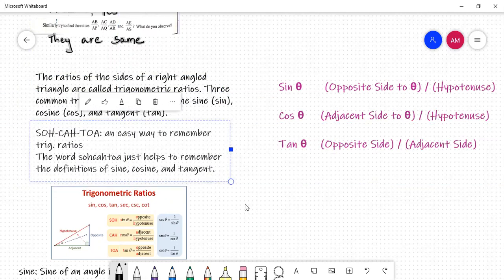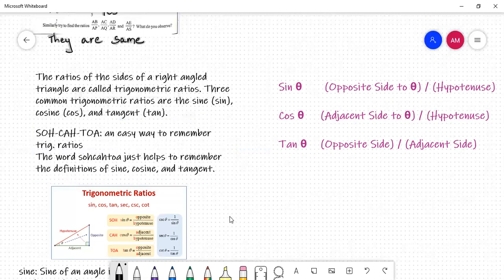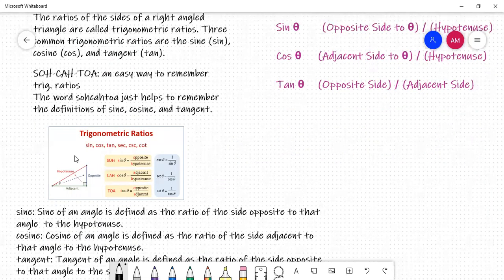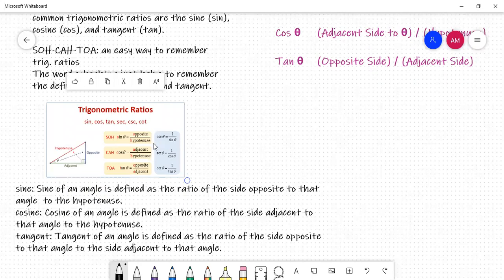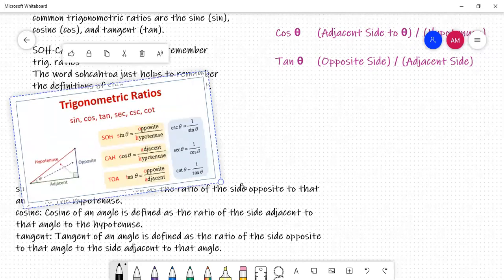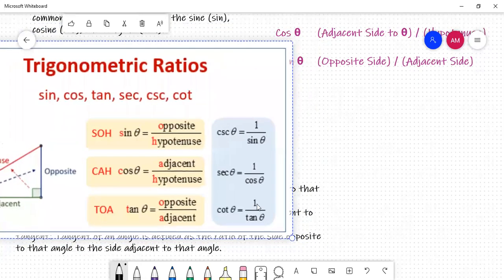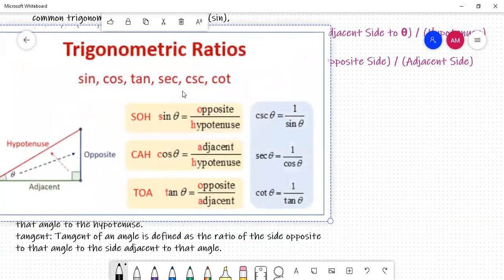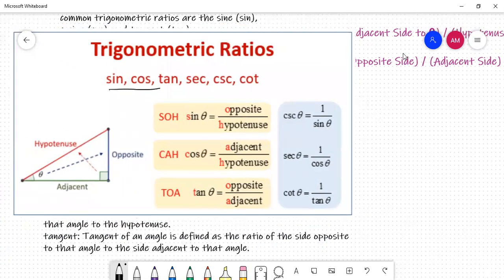So let us see what is the definition of sine A. Let us consider this triangle. Let us see these 3 first basic trigonometric ratios: sine, cos, tan.